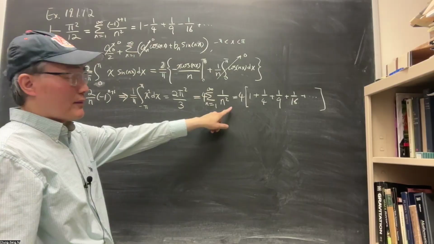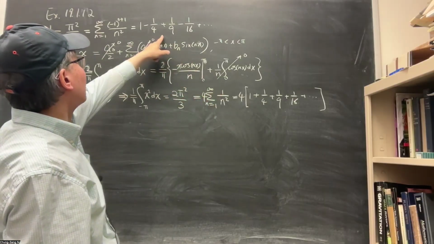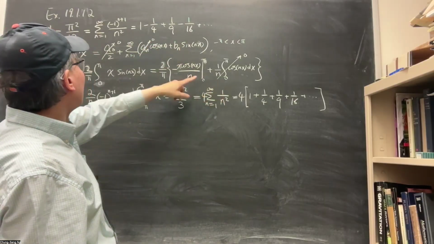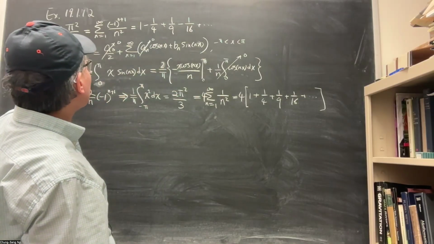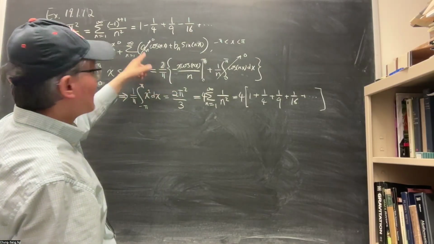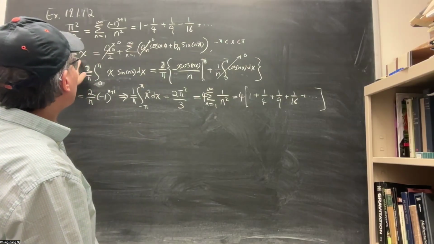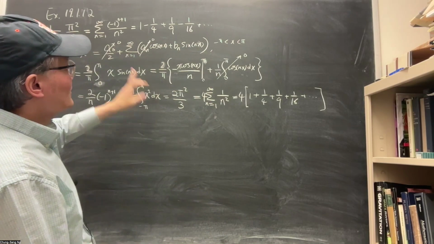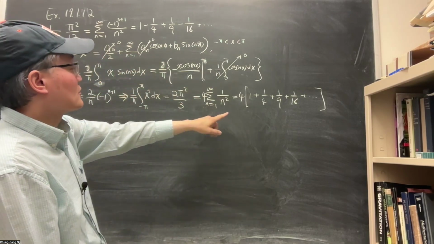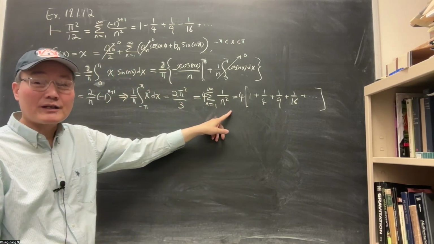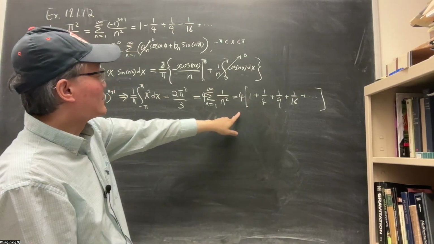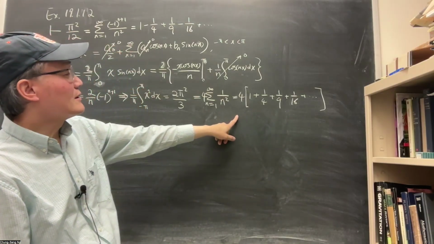So you will need to manipulate this a little bit to get to that one. There's another method, using the series itself and integrating term by term, to get another identity.